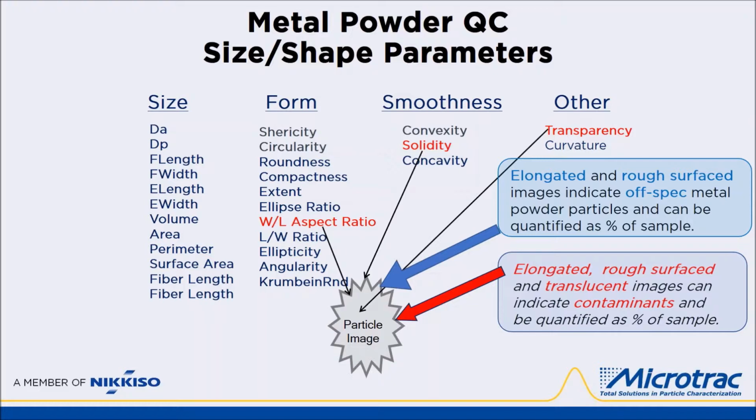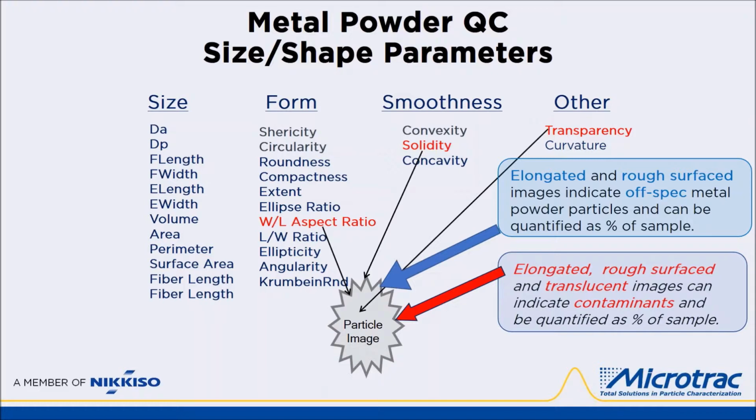An elongated particle is measured by width over length aspect ratio on a scale of 0 to 1. A low value indicates a more elongated particle. A rough surface texture or fractured particle would have a low solidity. On a scale of 0 to 1, 1 indicates a smooth convex surface.